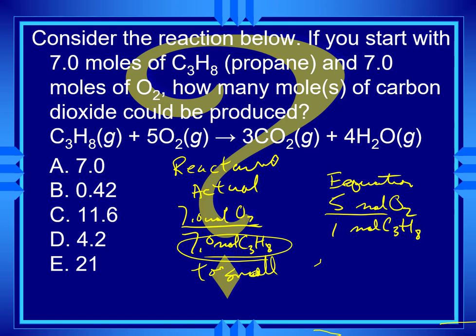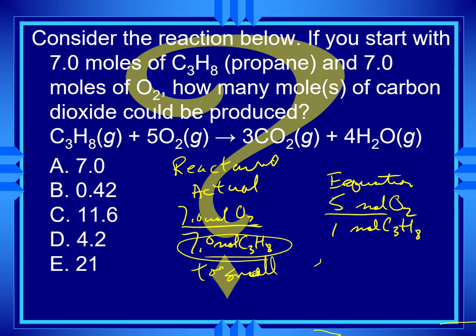The reason why it's too big is because it's excess. So I can look at that and say, hey, I'm not going to run out of C3H8. I got way too much of it. My ratio is too small, so my denominator's too big. I got too much of my excess reagent.